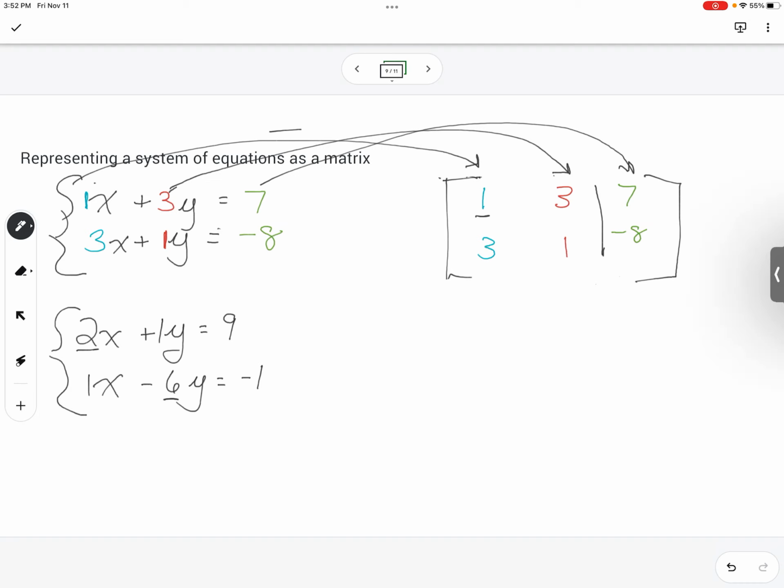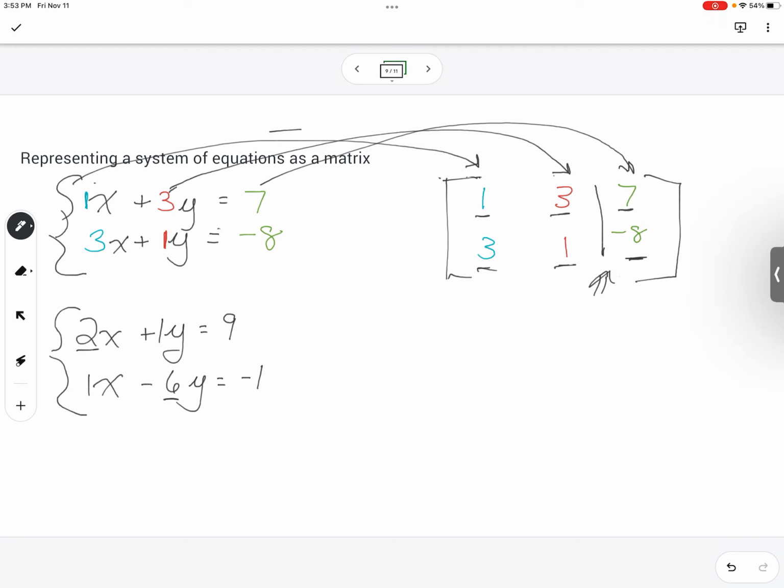Here's the coefficient on my x in equation number 1, the coefficient of the y in equation number 1, and there's what it's all equal to. Likewise, we did the same thing for equation number 2, just x, y, and equals 2.